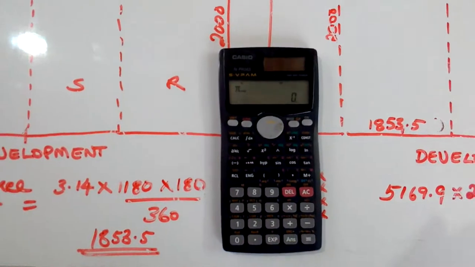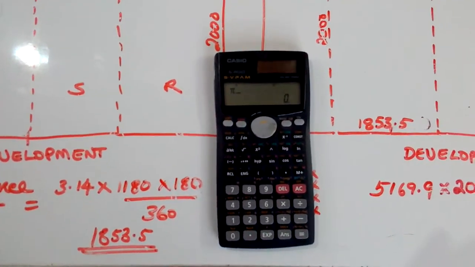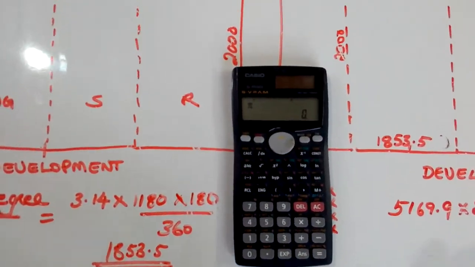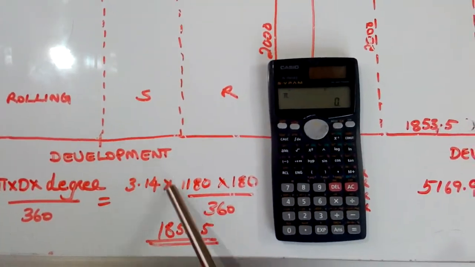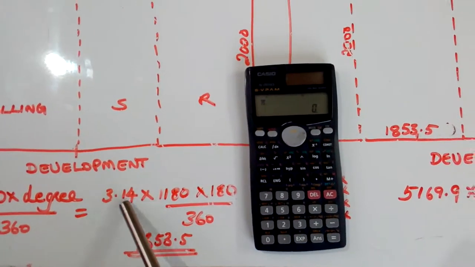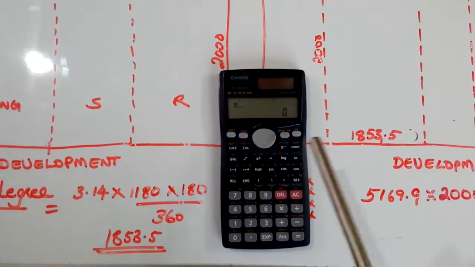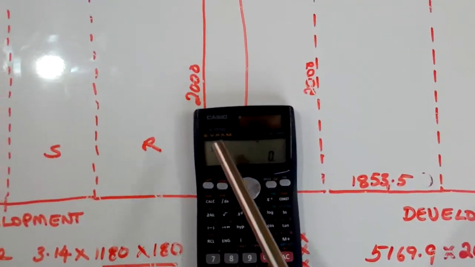We can use it for our own purposes only, but the calculator value is a more accurate measurement. It has so many numbers after 3.14, but we have taken only these two numbers after the point. So if we use pi directly, we will get more accuracy.